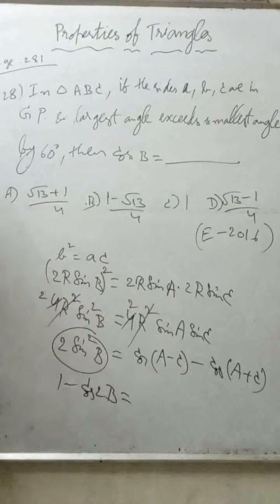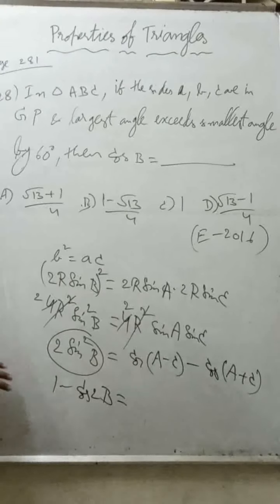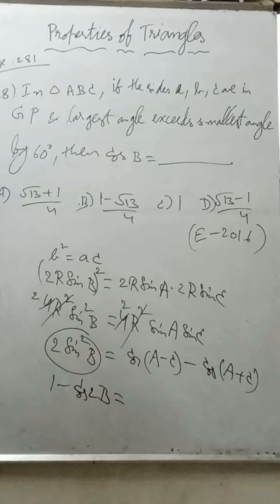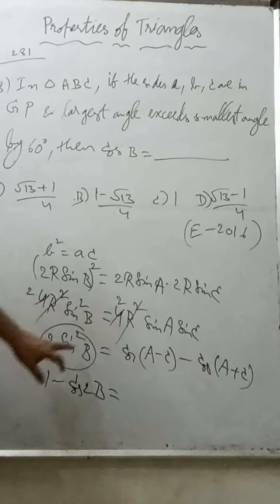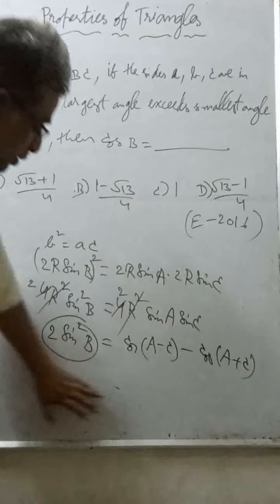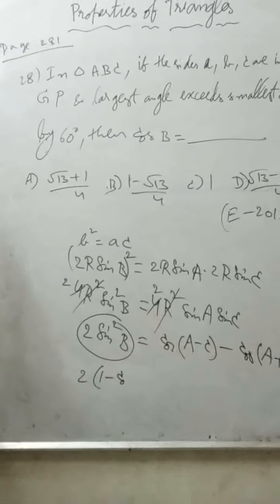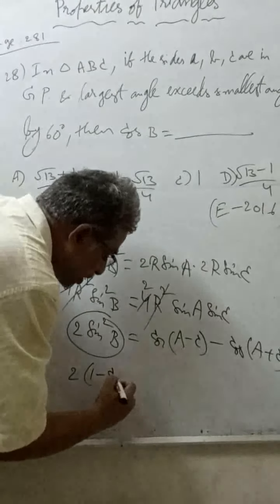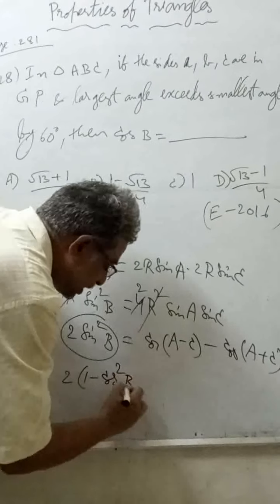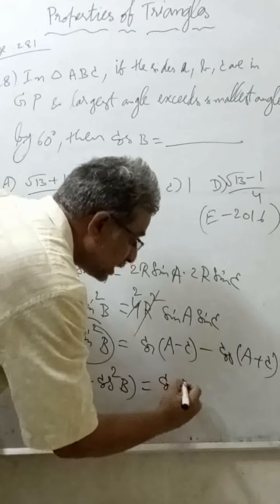But since I need cos B, it is better to write sin square B as 1 minus cos square B. So 2 into 1 minus cos square B equals cos A minus C minus cos A plus C.